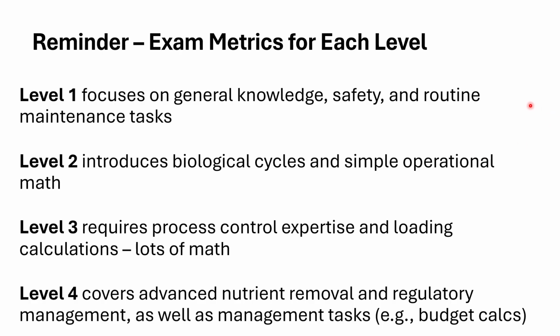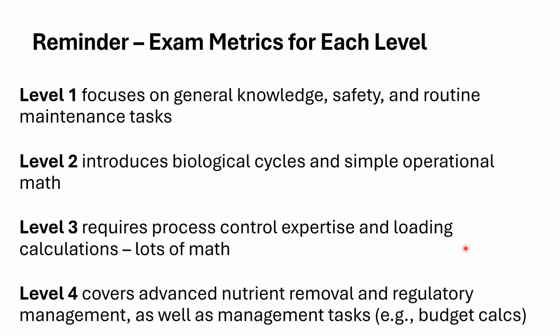A reminder, this is what you're looking at for each exam level. Level 1 certification exam, it's general knowledge, safety, and routine maintenance tasks. Level 2, you want to know something about biological cycles, and you want to do some simple operational math, velocities, flow rates, that kind of stuff.